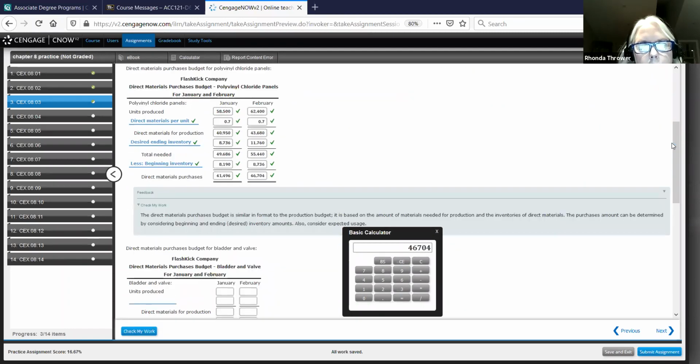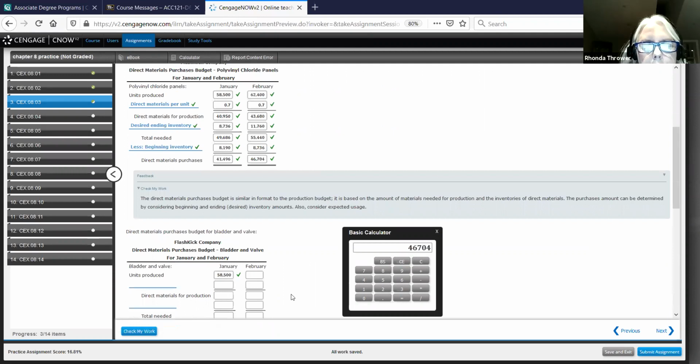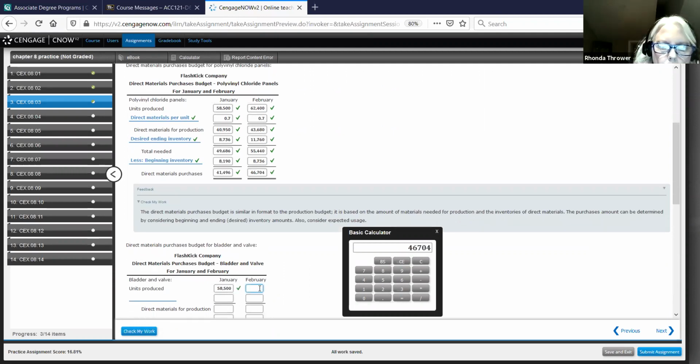So the units produced for January would be 58,500, same as what we used before. And for February, it's 62,400.